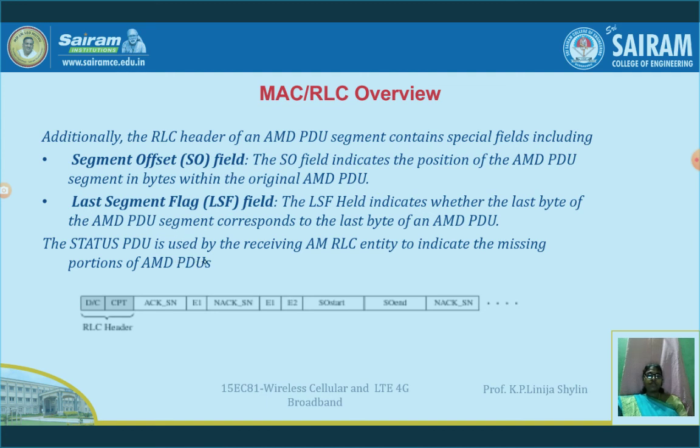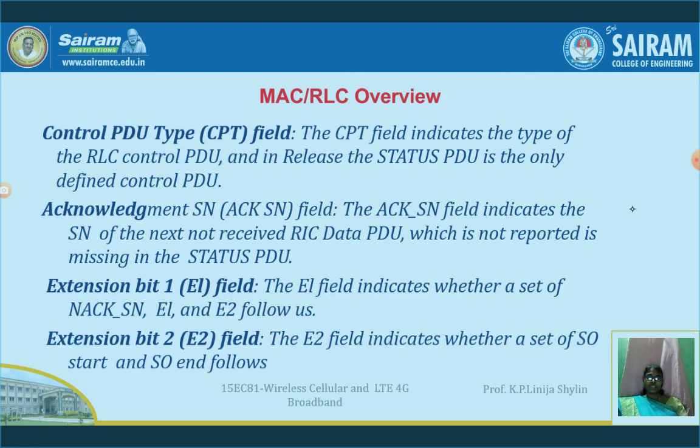Now the status PDU is used by the receiving AM RLC entity. In the beginning we discussed that the status PDU tells about the transmitting or receiving protocol data units of the AM RLC entity. Here it is a control PDU that indicates RLC control, and it releases the status PDU.